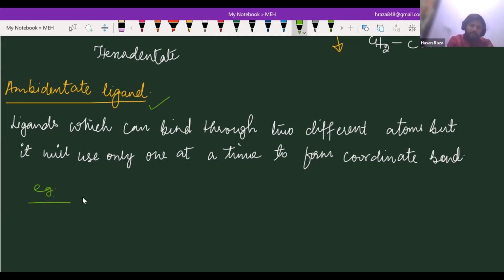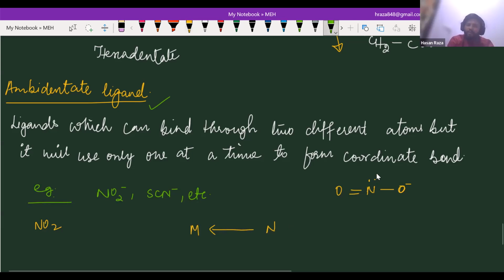For example, NO2 negative, SCN minus, etc. Let's say this is your central metal atom, and we take NO2 as an example. It has two donor sites, nitrogen and oxygen.